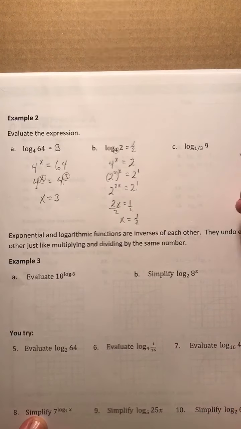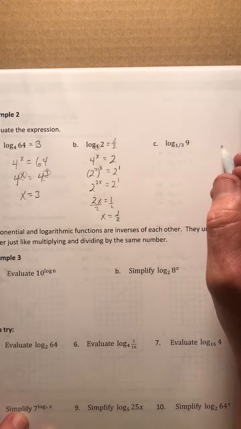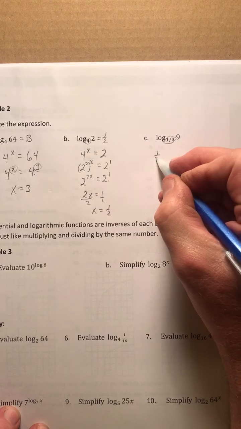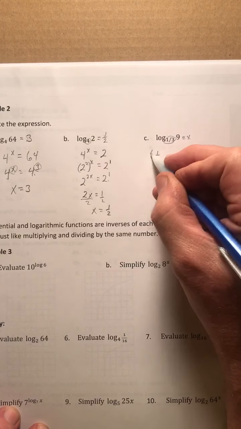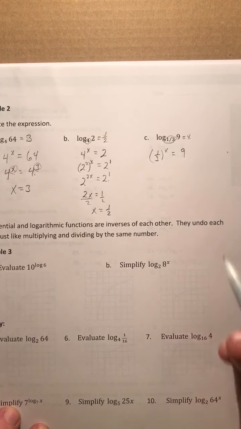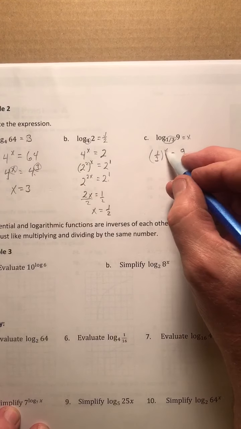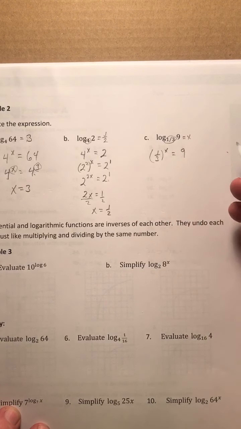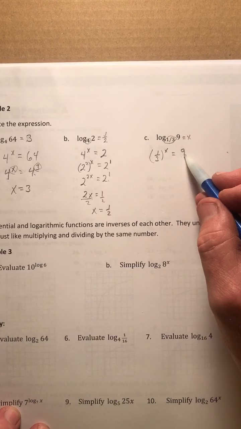All right, and then our last one. So again, rewriting this. This is our base. We set it equal to x, so to the x power, and then equals 9. This is a trickier one in that now we got to figure out what base 9 and 1/3 would have that would be the same.